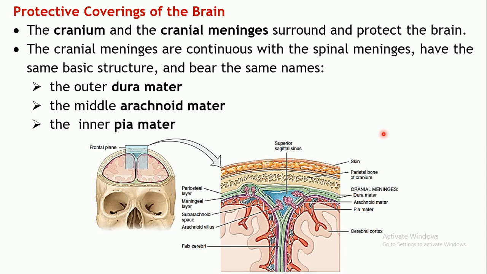So now to talk about the protective coverings of the brain. Just like the spinal cord has its protective layers, remember the vertebral column, the vertebrae which are stacked one above the other. So they form a canal in between through which the spinal cord will pass.